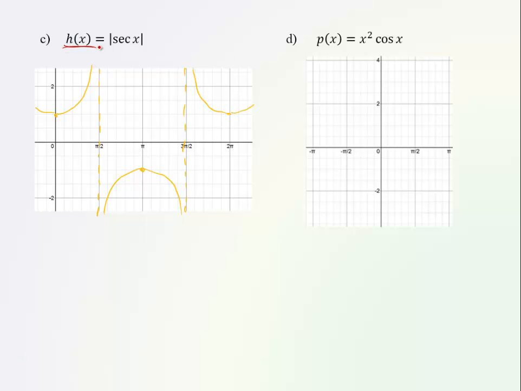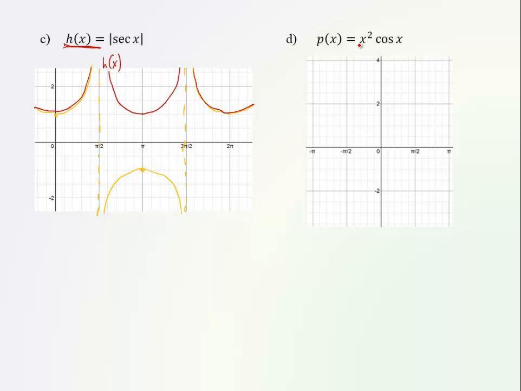Now the h of x, which is absolute value of secant x, will be in red. If we had a branch that was negative, it will be just flipped to the top to make it positive. That's the only change. Everything else will be the same. So this branch is the same, and that one is the same. So the red graph is our h of x.